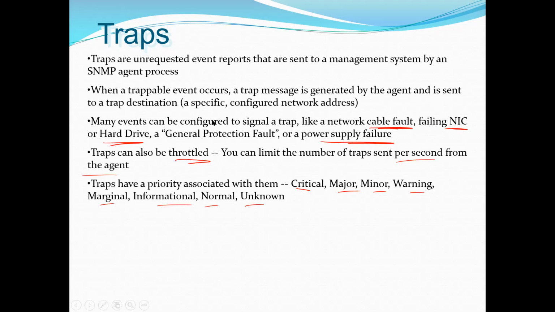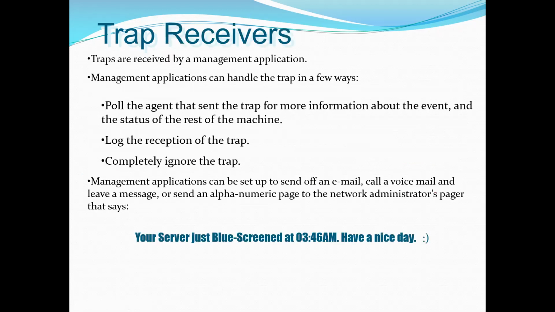So that's basically some of the terminology, and you can see it's pretty much straightforward. It's really not that complicated. Trap receivers, then traps are received by a management application, right? We're going to see that there's obviously going to be some open ports associated with this. Every time a packet arrives at that port, it needs to be of the SNMP protocol.